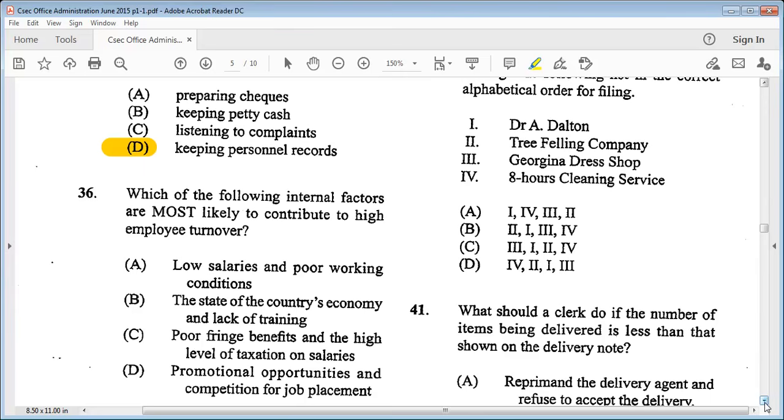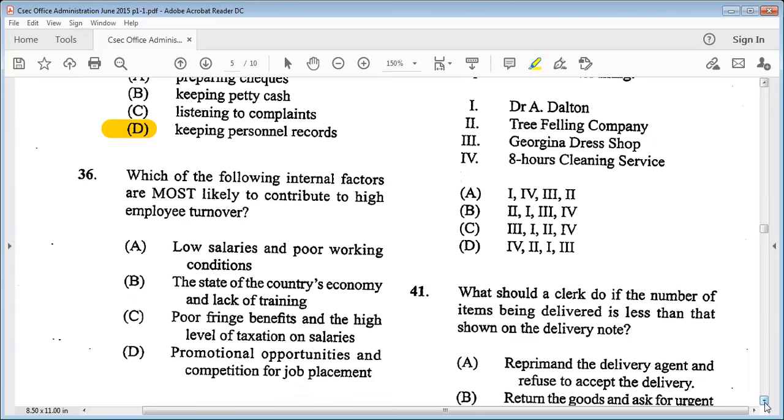C, poor fringe benefits and the high level of taxation on salaries. Or D, promotional opportunities and competition for job placement. We know it is D, promotional opportunities and competition for job placement. That would push employees to work hard because they know there are benefits in return.